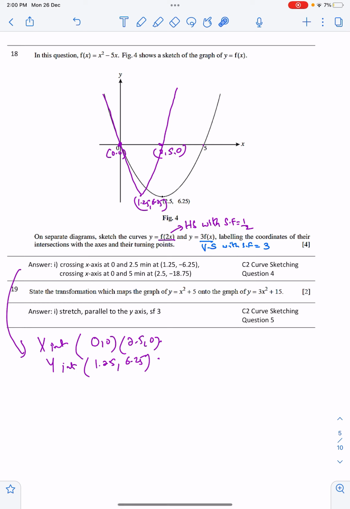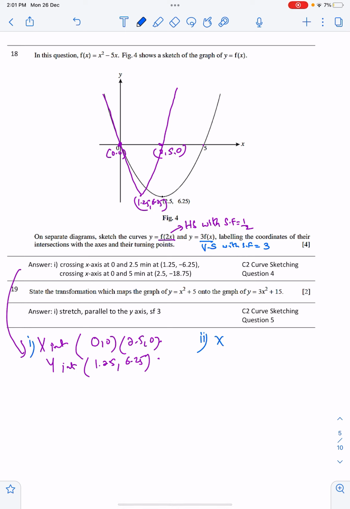If the stretch factor is 3, if the distance from the x-axis is 2.5, it will be thrice the distance. 2.5 3 times is 7.5. So the x coordinate will remain the same. So 2.5 will remain the same, but 6.25 will be multiplied by 3. Okay, so I am writing down for the second part. This is for the first one.